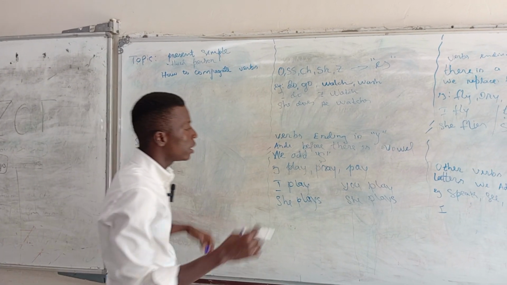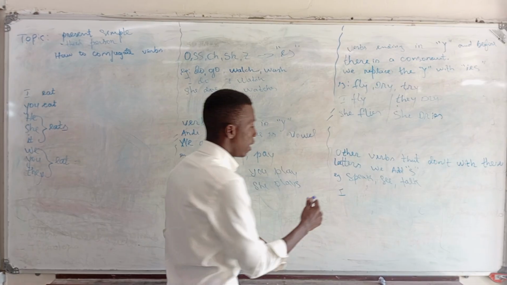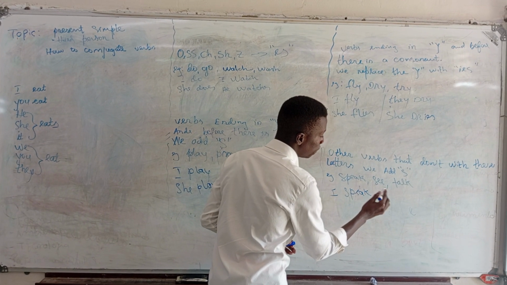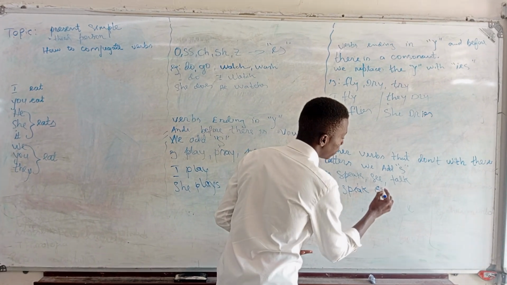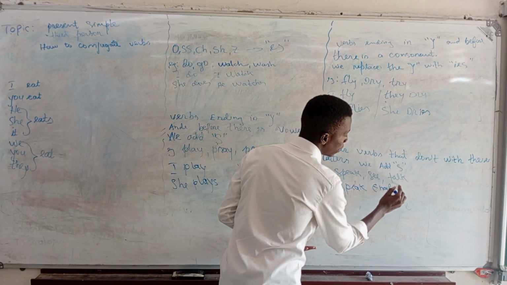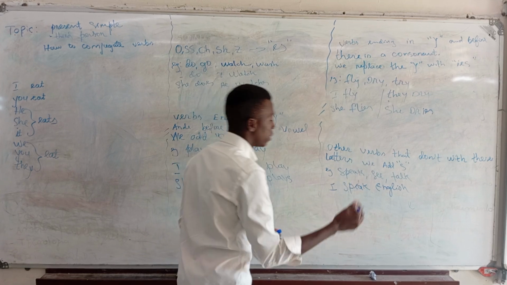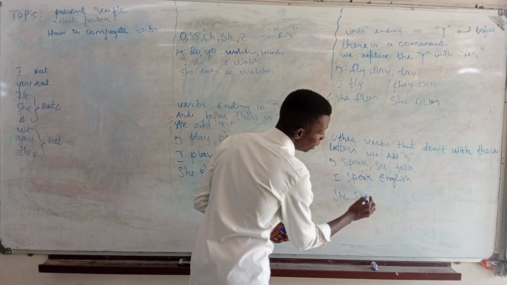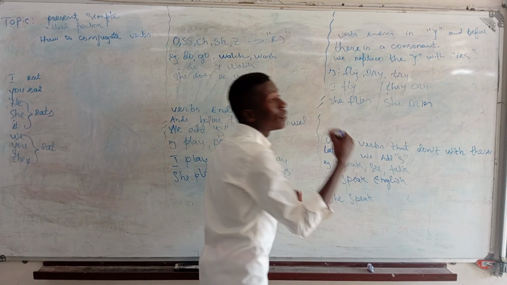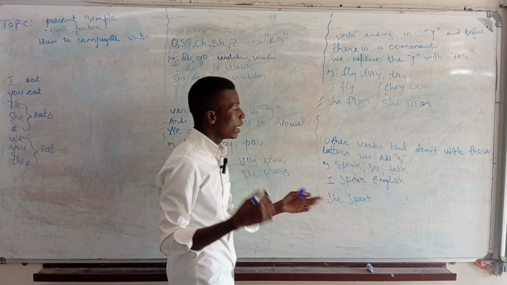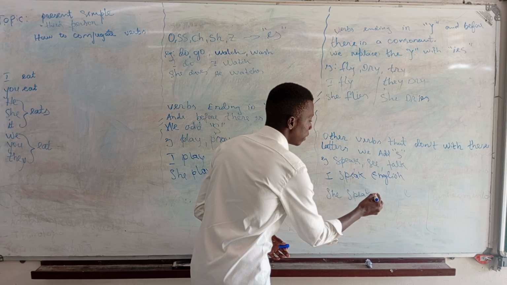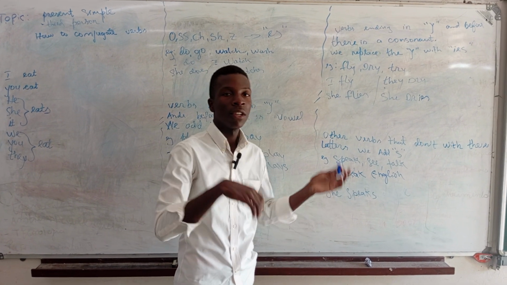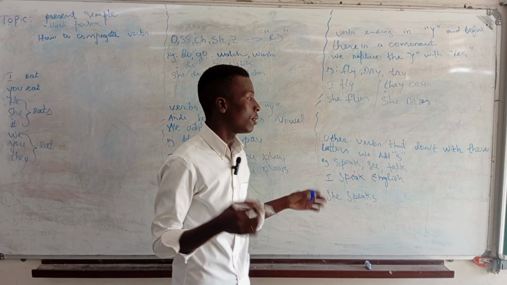The third person changed, and there is s. And here we have the verb to speak. I speak. I speak what? English, for example. I speak English, it will depend on the person. When you say she speak, it is wrong. We will have to add s. She speaks. She speaks what? It can be English, French, another language.